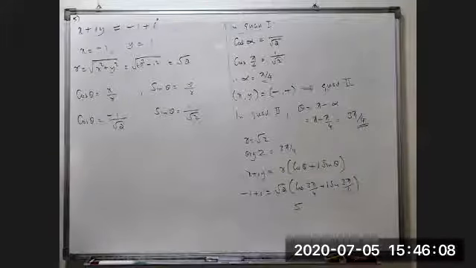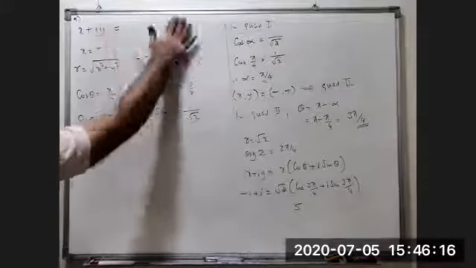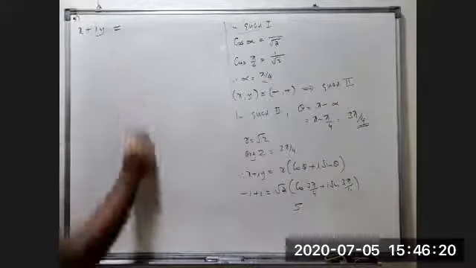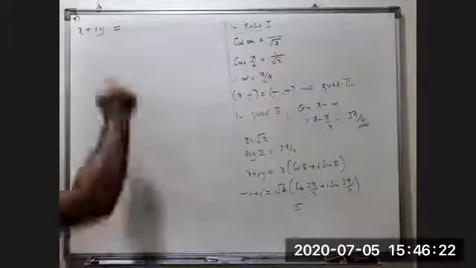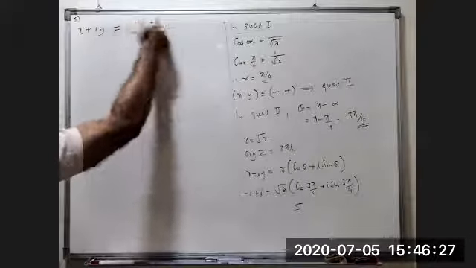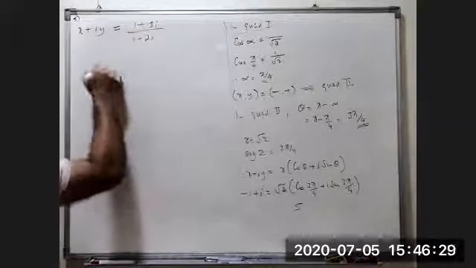Now it's the second part. In the second part I will do a few simplifications. We will do 1 plus 3i by 1 minus 2i.